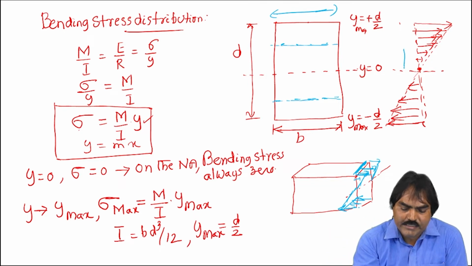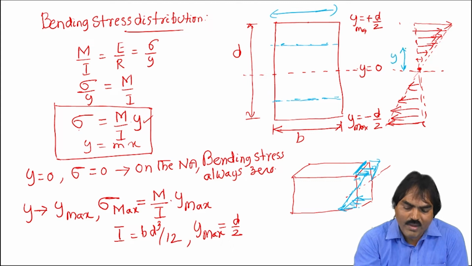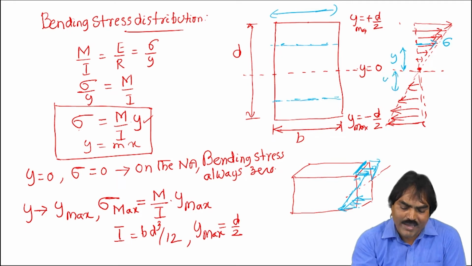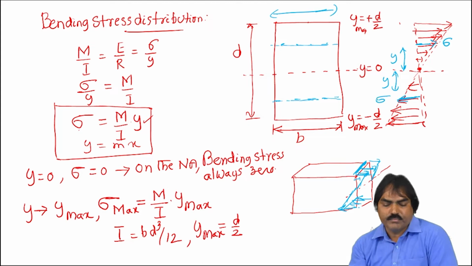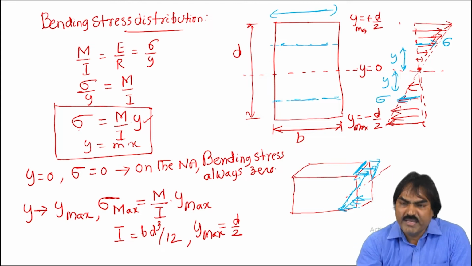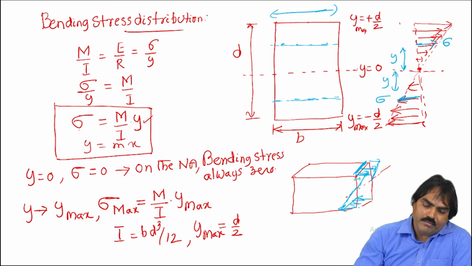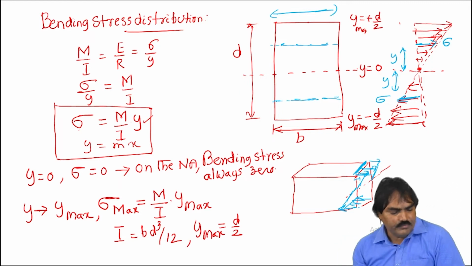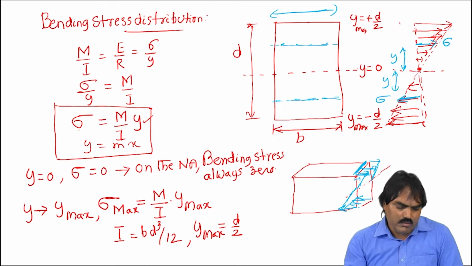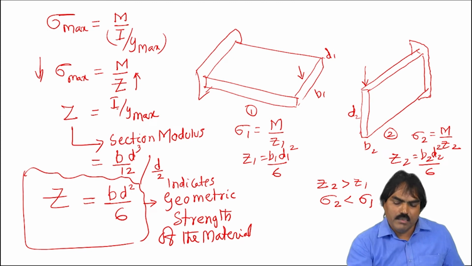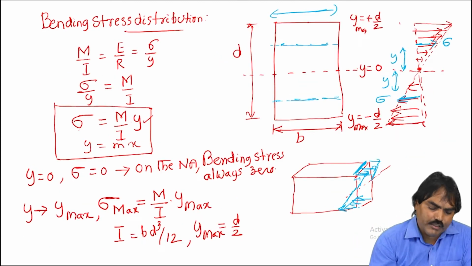Say this is a distance equal to y. This is the stress sigma. Similarly, at the bottom, a distance equal to y. So this is the stress in the opposite direction, which is compression. The top is tension, the bottom will be compression. Remember that the bending stress varies linearly across the depth of the section. So this is for a solid rectangular section.